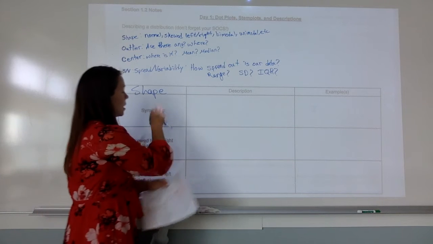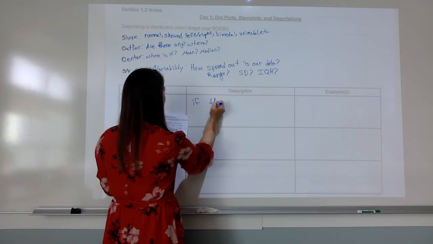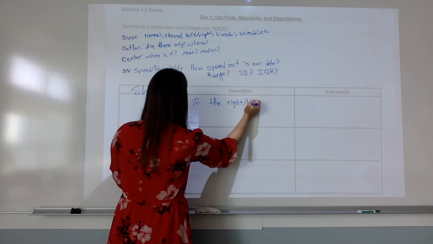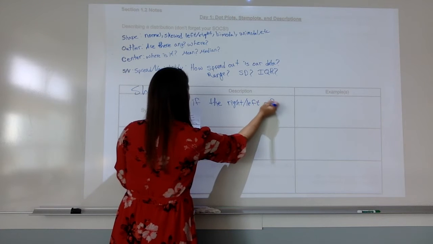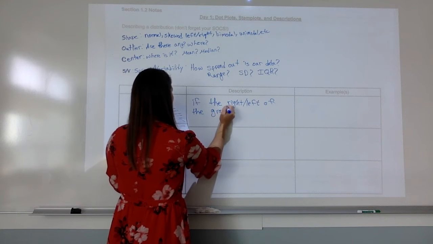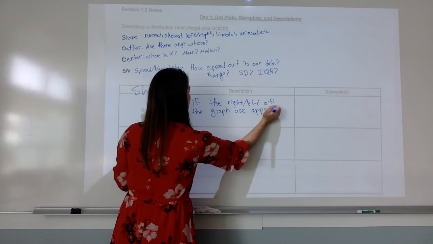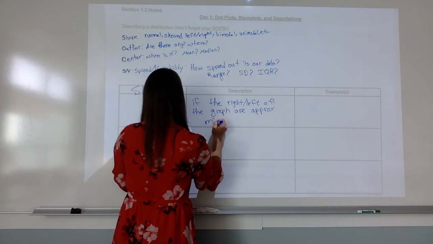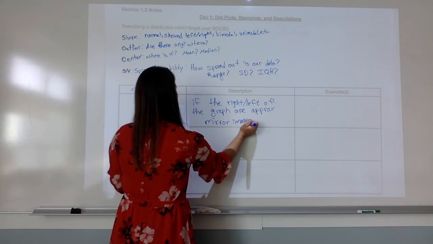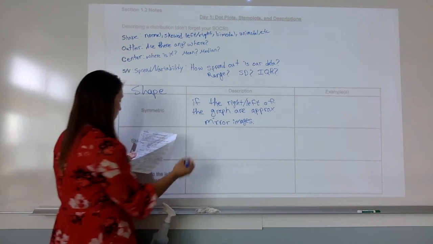skewed left. Symmetric is if the right and left of the graph are approximately mirror images. Skewed to the right or right skewed.